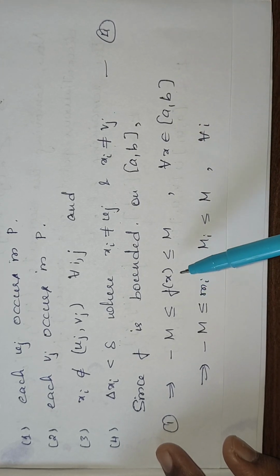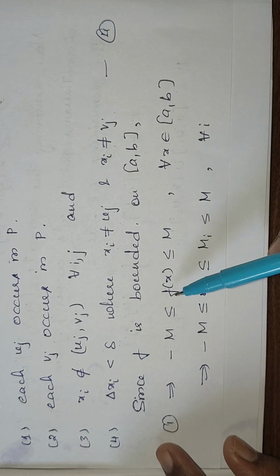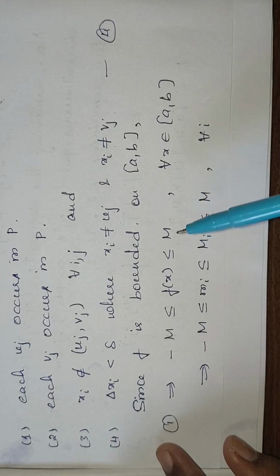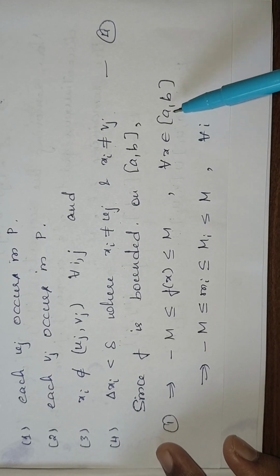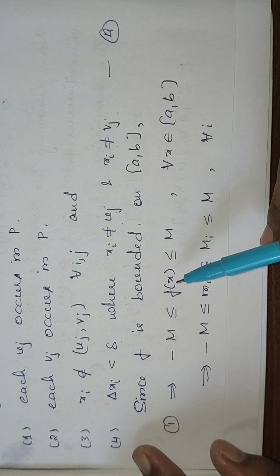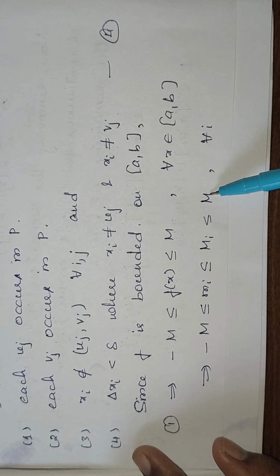And since fx lies in between minus m and capital M for all x belonging to closed interval ab, then obviously its infimum and supremum also lie between minus m and capital M.